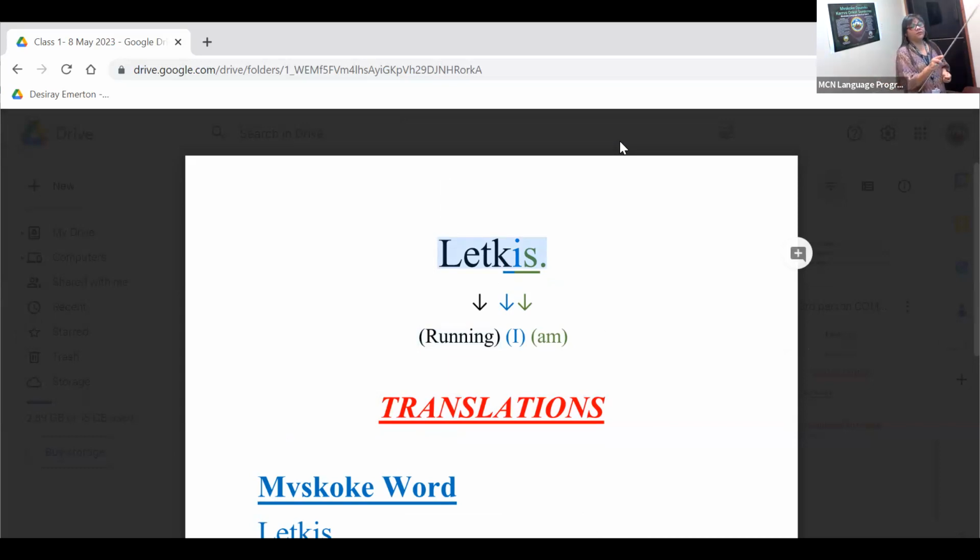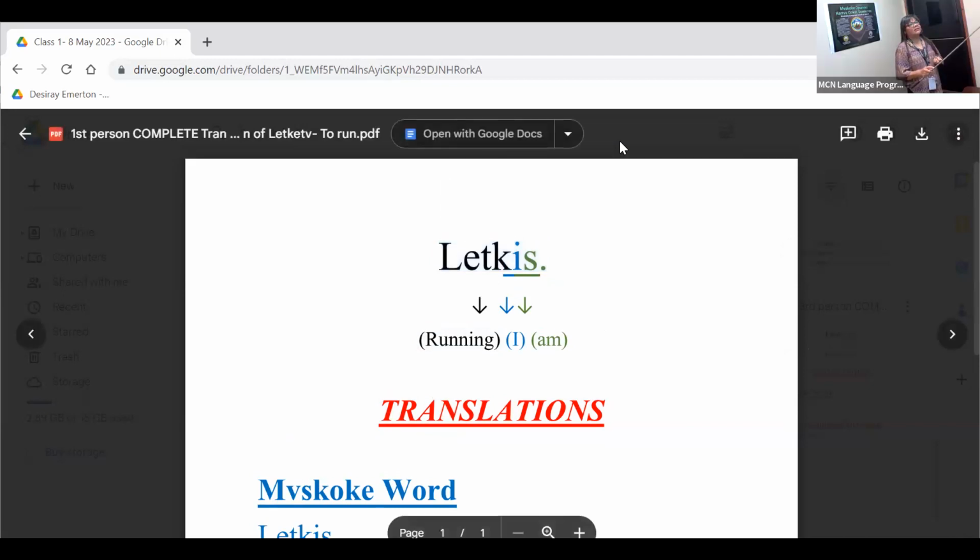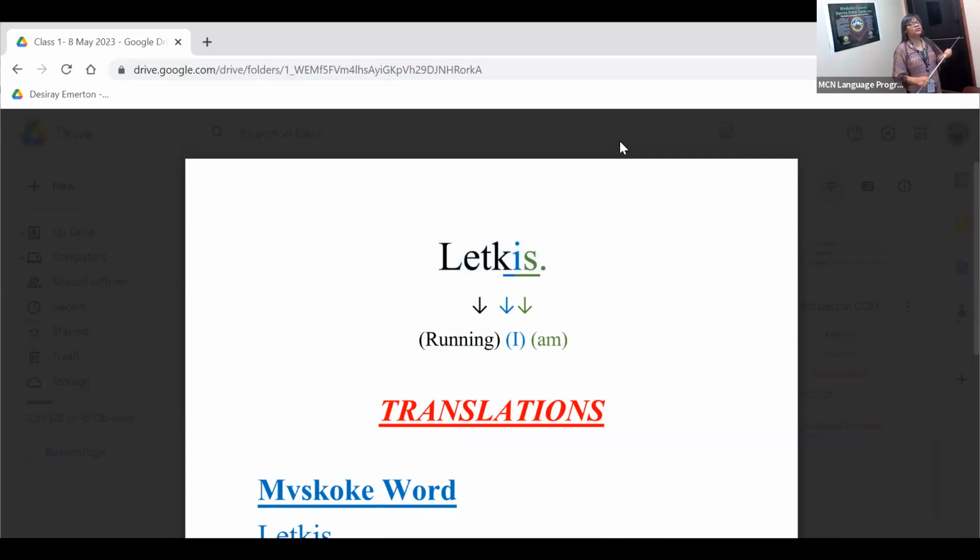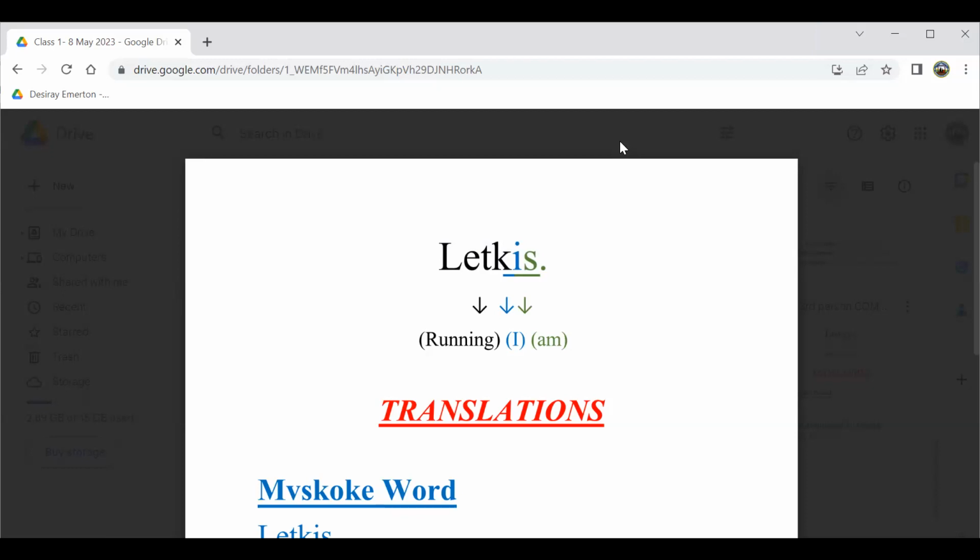You've got your i, which is the blue part, because we're talking about I, and then you've got your declarative ending s, which is am, or period, or am, are, and is, depending on your sentence. So running I am. You went from litkida, to run, to litkis. I am running.